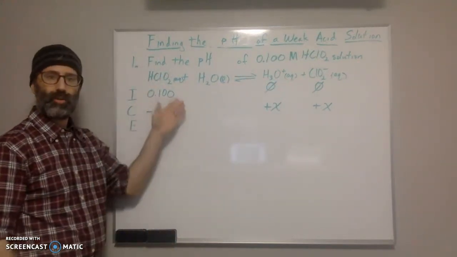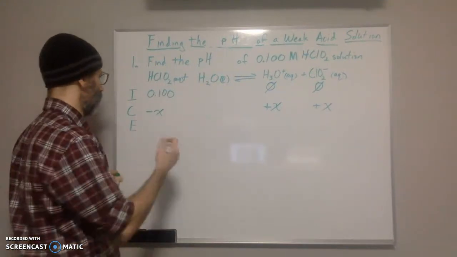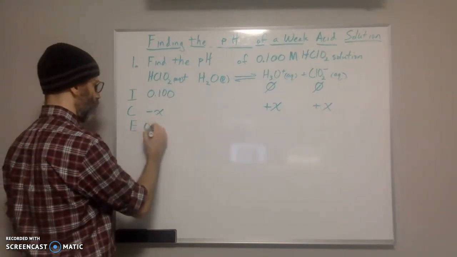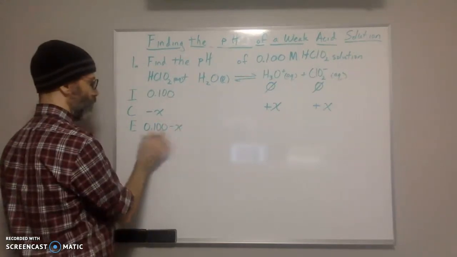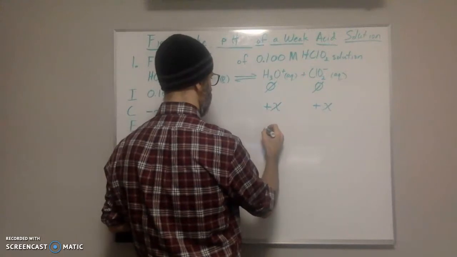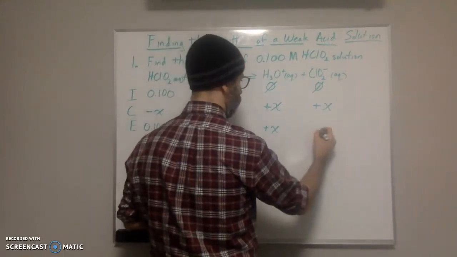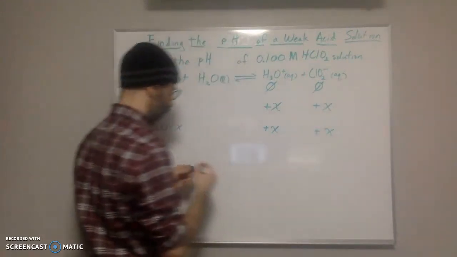Now all we have to do is add these columns together. So I take 0.100, subtract X. So there's that expression. And the others just stay plus X, plus X.